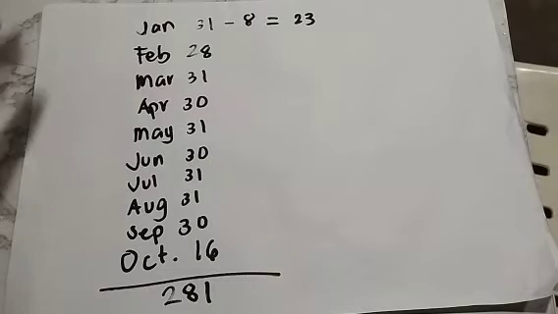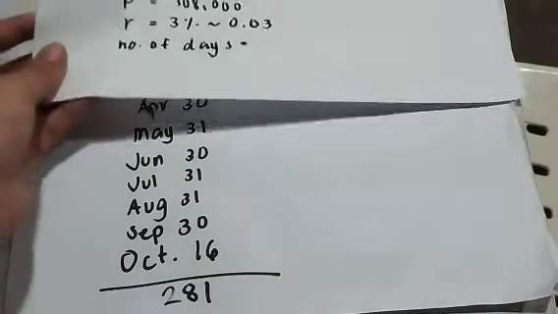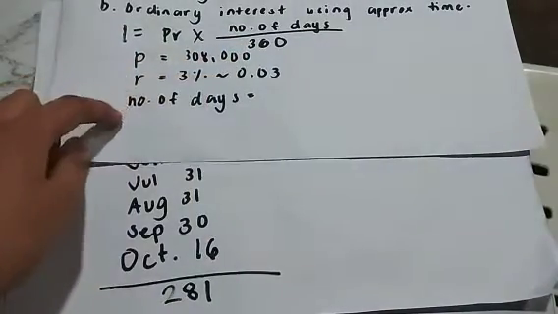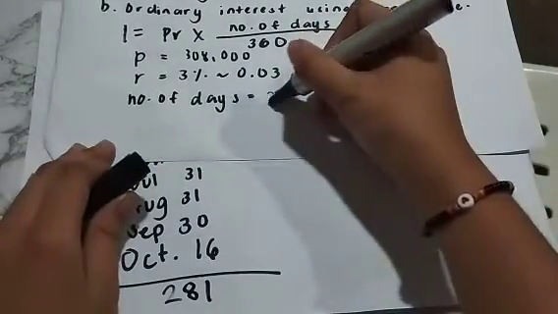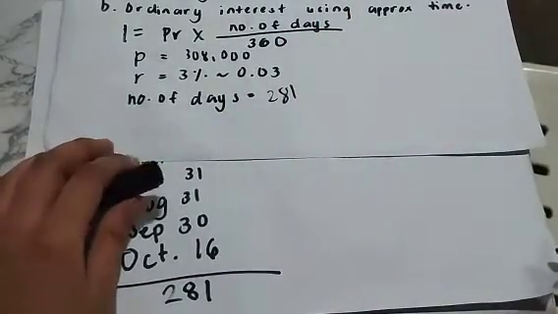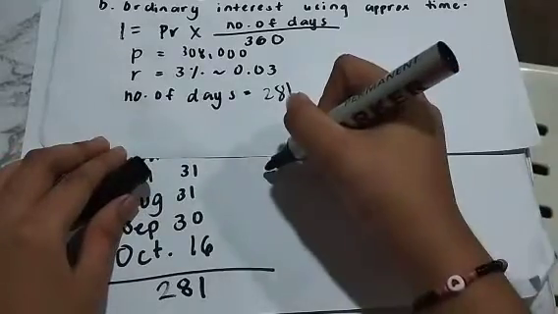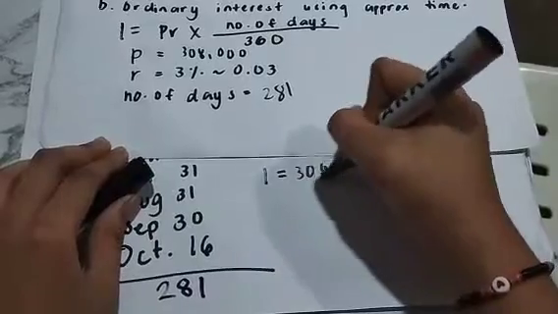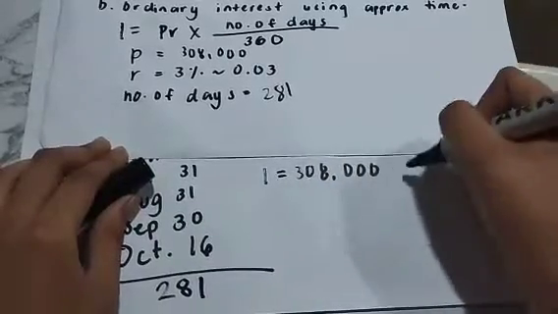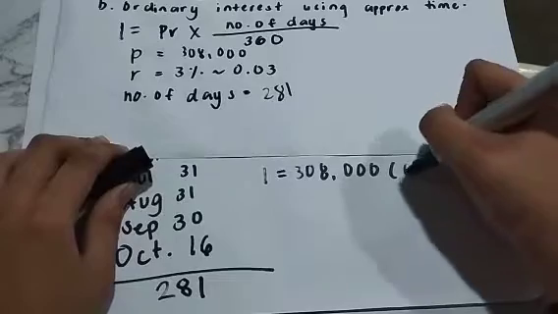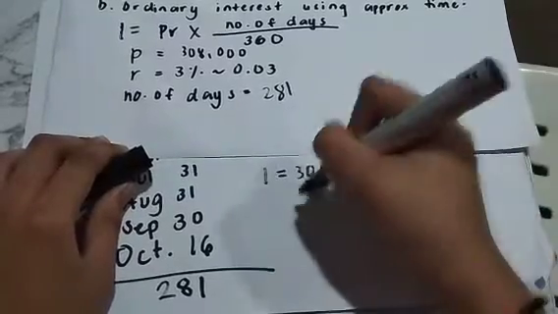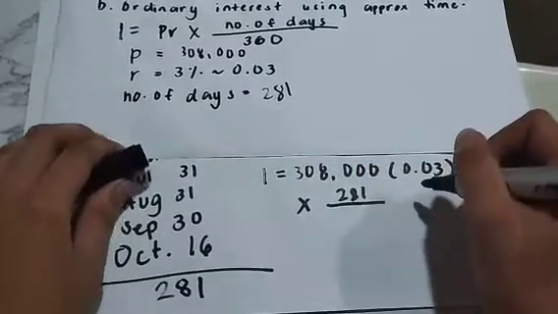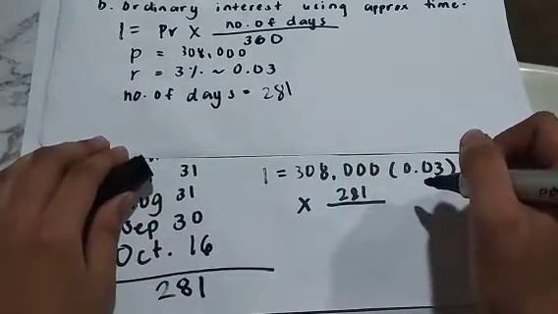Ang gagawin natin ay, yes, isa-substitute na natin. So, this is the formula. These are the given. Okay. Substitute. I, principal ulit, 308,000 na this time. Times sa R natin, which is yung 0.03. Times number of days over, tandaan, ordinary interest na ang kinukuha natin.